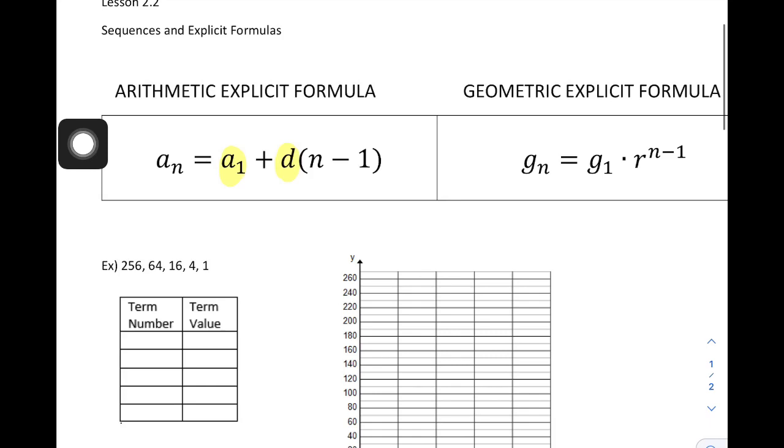What each of these means: a sub 1 is your first term, so whatever is the first number of your sequence, that's what goes into that part of the formula. And this d, remember for arithmetic sequences, is the common difference.